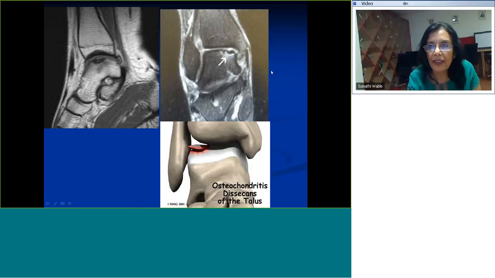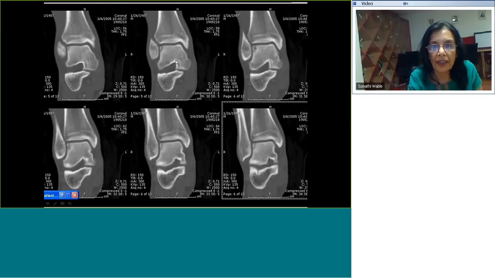If there is any detachment, contrast will seep in between the fragment and the donor bone to delineate the extent of detachment, so you can easily evaluate if it is a stable or an unstable osteochondral lesion.